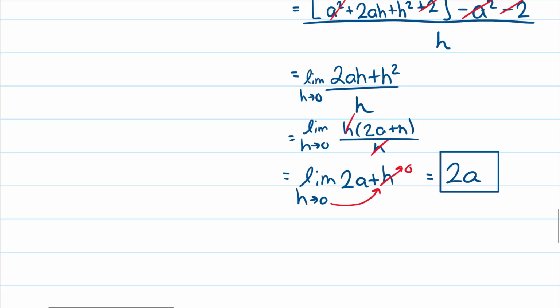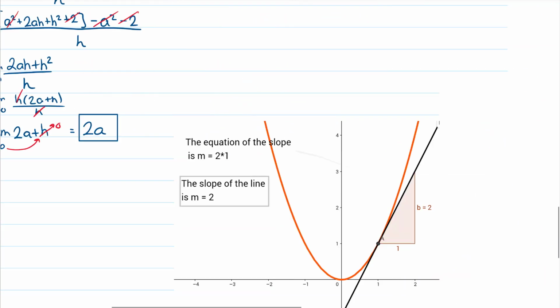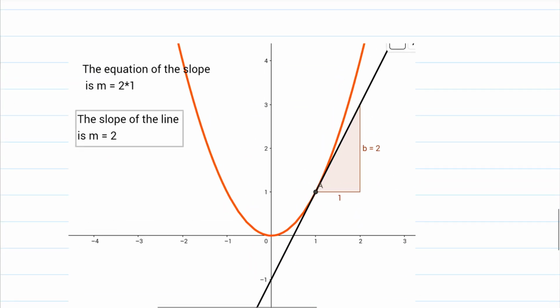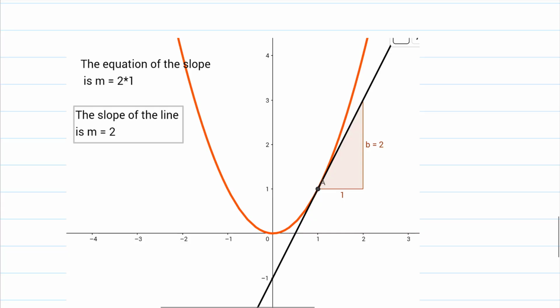So for part B, what we're going to do is analyze the slope, and we're going to talk about what happens at different values. So what we're going to do first is look at a graph. So this is the graph of x squared, and this is the tangent line at the point 1. And as you can see, the slope is equal to 2.